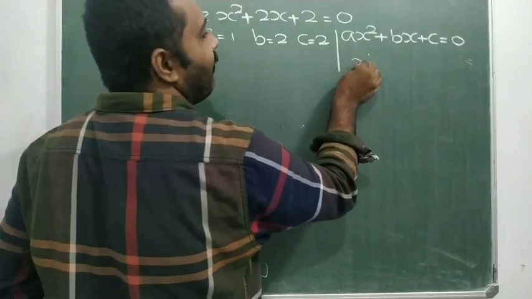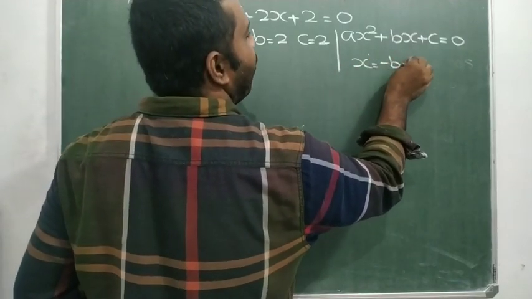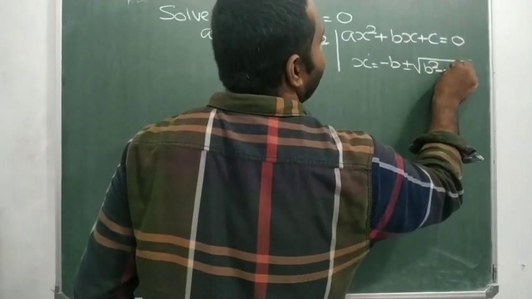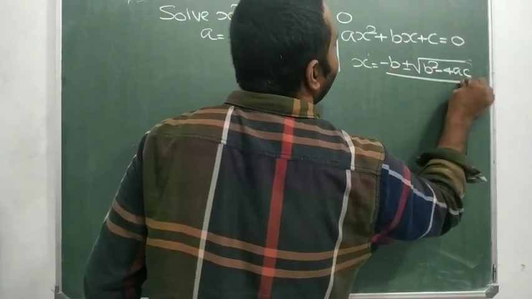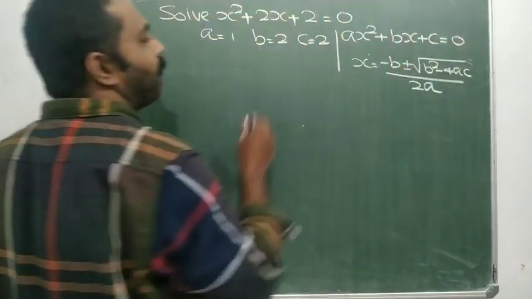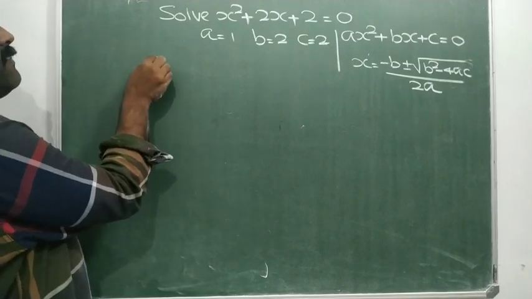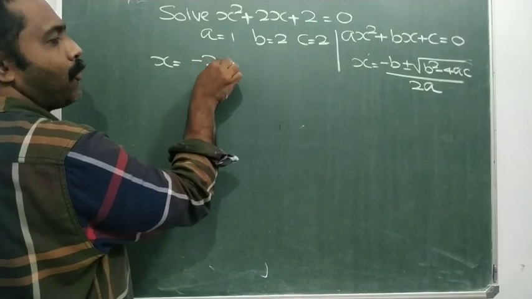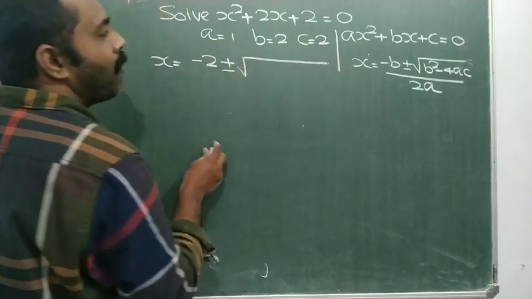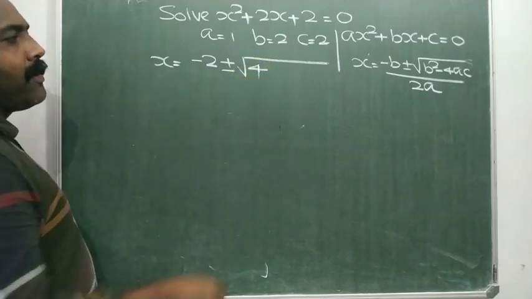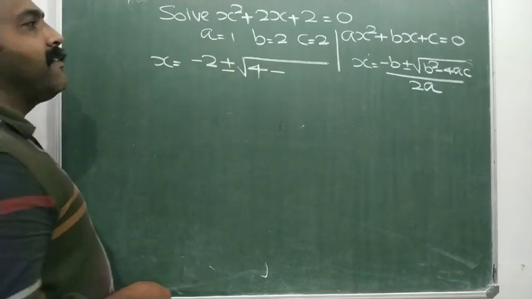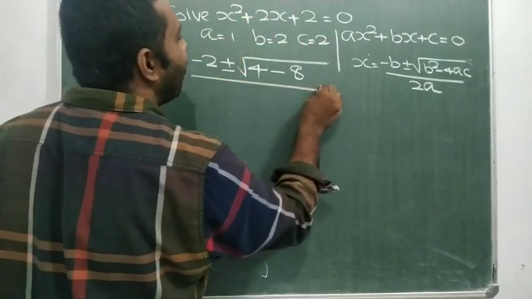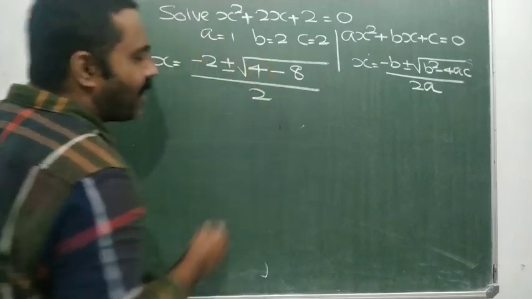The formula is x is equal to minus b plus or minus root of b square minus 4ac by 2a. Okay, then x is equal to, what is minus b? Minus 2 plus or minus root of, what is b square? 4 minus 4ac, 4 into 1 into 2, 8, by 2a, 2 into 1, 2.